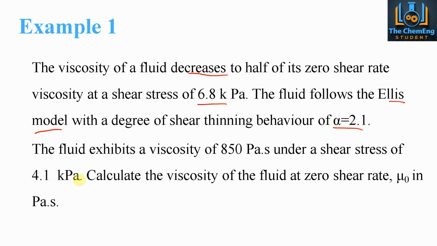We need to calculate the viscosity of the fluid at the zero shear rate, i.e. mu naught in Pascal seconds. So what we're essentially doing here is working backwards, because we know what the viscosity is initially: 850 Pascal seconds under a 4.1 kilopascal shear stress.